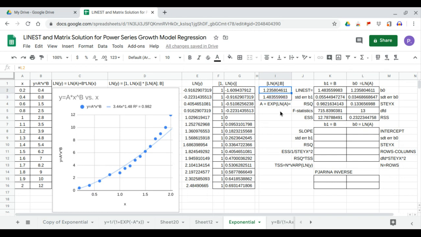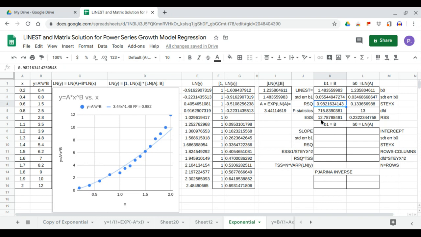We need the value of a, so it is equal to exponent of ln a. That is 3.44, which matches our trendline equation. And b, 1.48, matches our trendline equation. And R squared, 0.9821, matches also our trendline chart.